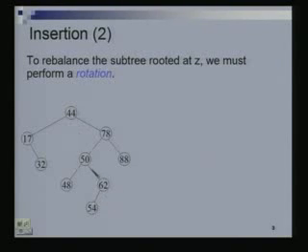Which is the first node on this path which is now imbalanced? Is this imbalanced? 50? No, the difference of height is 1. Is this imbalanced? Yes, the difference of height is 2. This is 1, this is height 3. The height of no other node has changed, the height of this node has not changed. So you understand why the heights of only these nodes on this path would change.